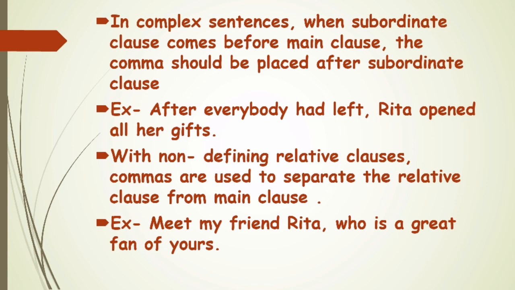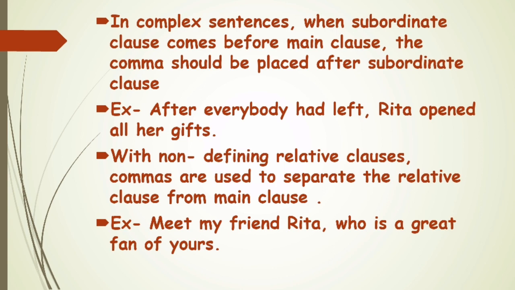In complex sentences, when the subordinate clause comes before the main clause, the comma should be placed after the subordinate clause. This we have seen with our subordinators, remember, in our previous class. Subordinate clauses are the ones which are dependent on what? The main clause. Yes, subordinate clauses do not give their proper meaning, they need the main clause to give their complete meaning.